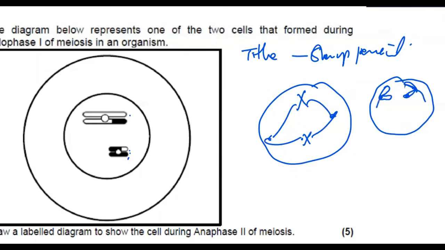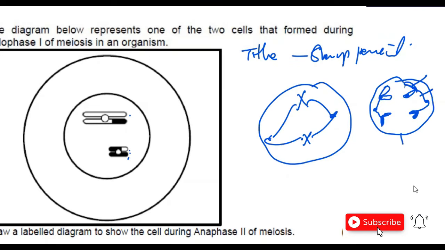It's still moving to the poles, and also the short one is moving. You see, it also has the biggest variation. And then this other one is completely shaded. You have to show that. And then this is the spindle, this is the chromatid moving, and this is the cell membrane.